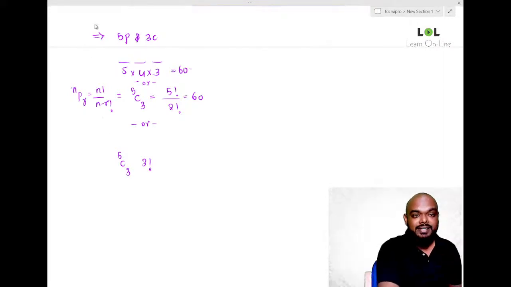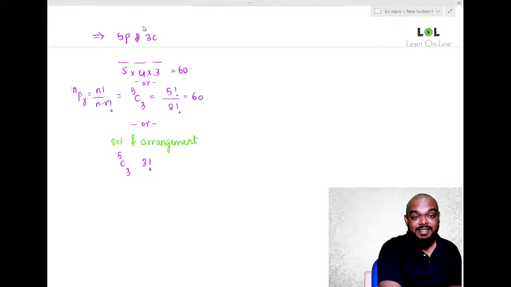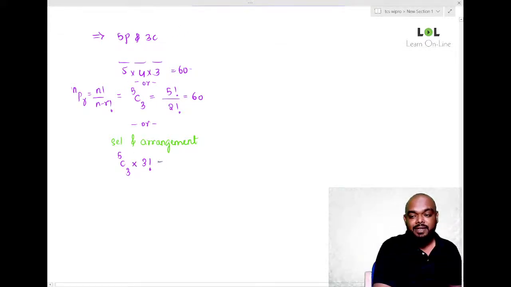This is selection and this is arrangement. If you do this, still you will get the same answer, 60. Nothing changes because 5C3 value is 10 into 3 factorial is 6, you will get exactly 60.